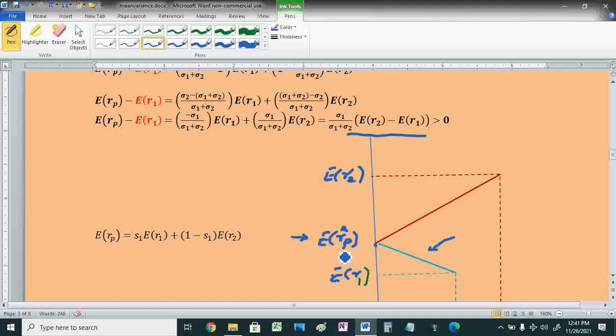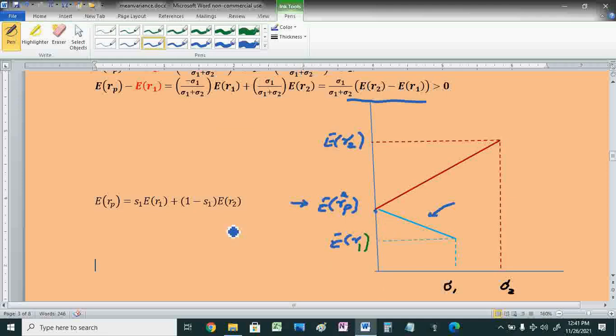So this is an interesting conclusion, that even with zero risk, I can construct a portfolio from these two securities such that S1 is equal to sigma 2 divided by sigma 1 plus sigma 2, and by doing that I will be able to get an expected return which will be greater than the expected return on security 1. So this is the story of the first root.